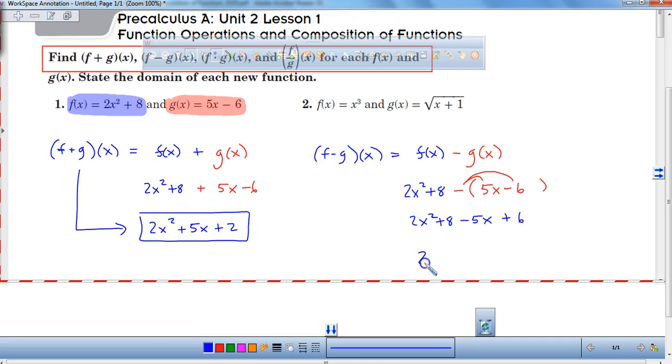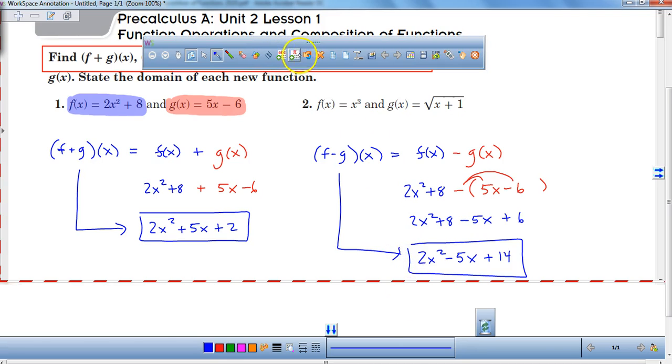So our final answer here would be 2x squared minus 5x plus 14. So f minus g of x is 2x squared minus 5x plus 14.